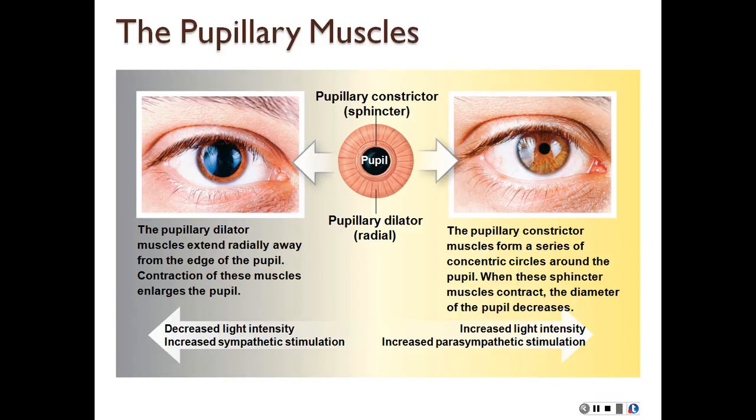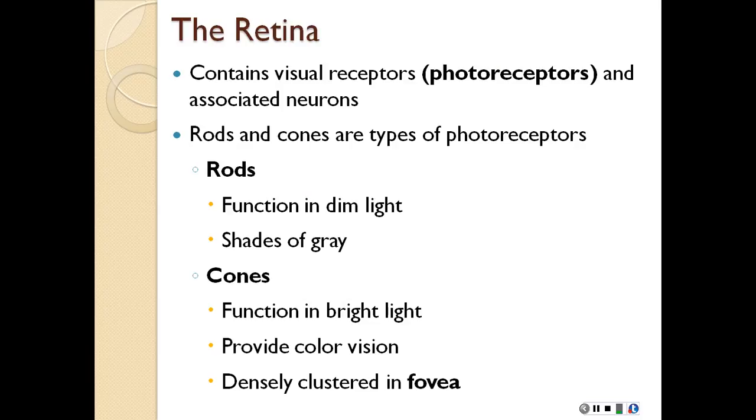You don't want your eyes to get too much light. The retina can't stand too much light. So in very bright light, the pupils constrict to decrease the amount of light getting into the retina. If you're in darkness, you need more light, so the pupils will dilate to let a little bit more light come in.